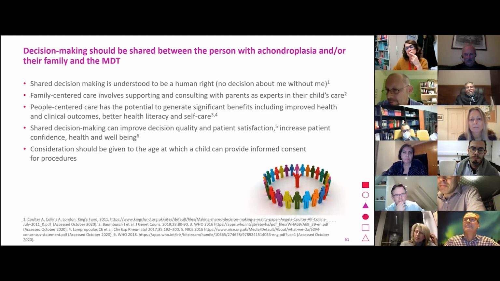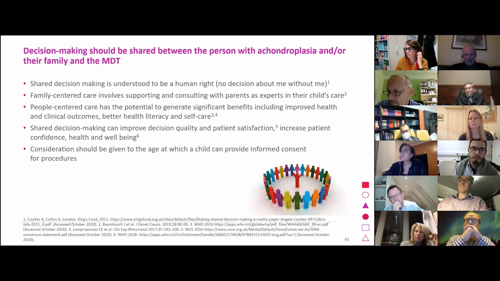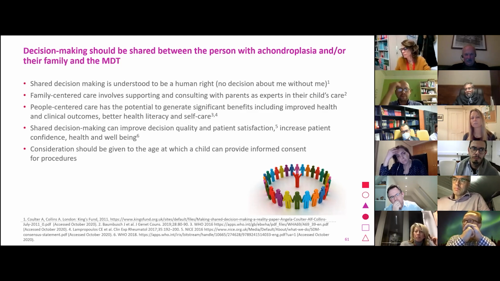I think to me the key point here is the multidisciplinary team, because it may be well developed in certain places, but in other places it's maybe only one main physician that is seeing and following the patient with achondroplasia, and maybe with some other rare diseases as well. What's really important is to have a multidisciplinary team explaining and then making a shared decision with the family.